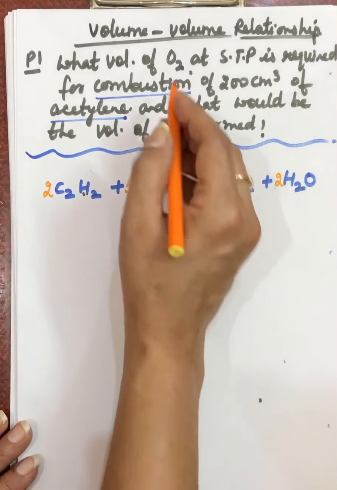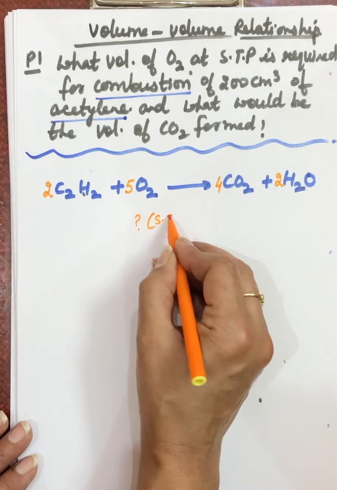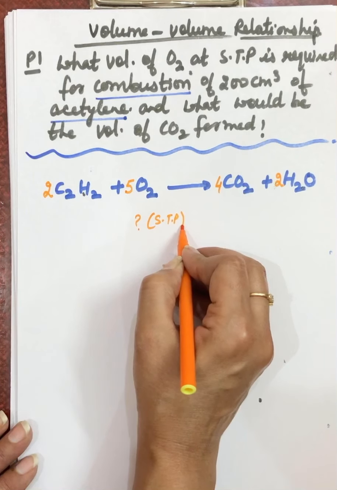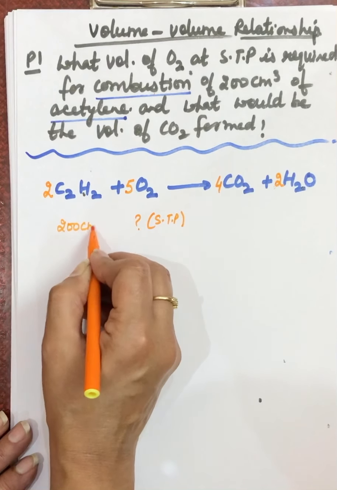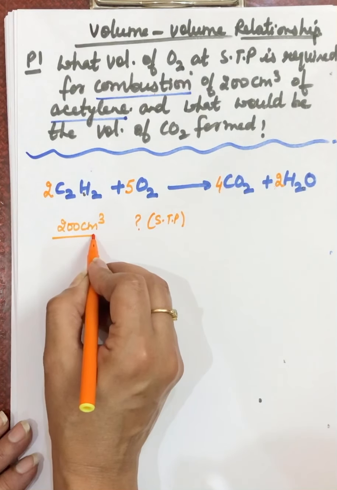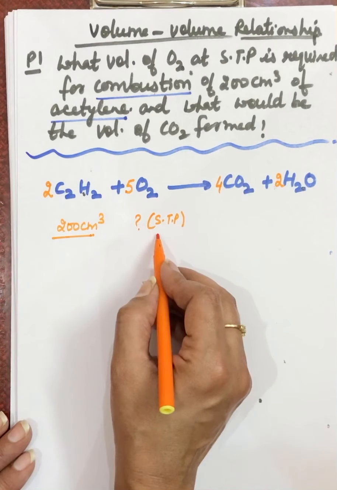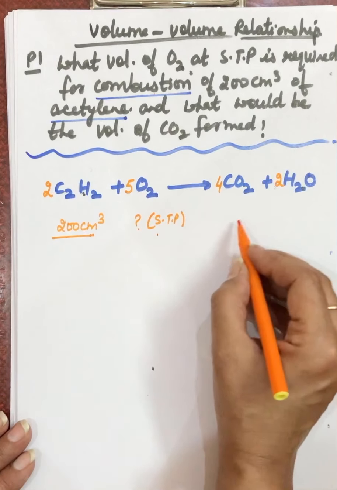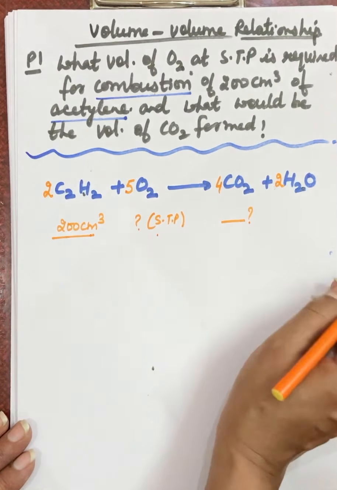Now come to the question. What volume of oxygen at STP we have to find out? To burn how much of acetylene? 200 centimeter cube. To burn 200 centimeter cube of acetylene, how much volume of oxygen is required at STP, and how much volume of CO2 will form at STP only?